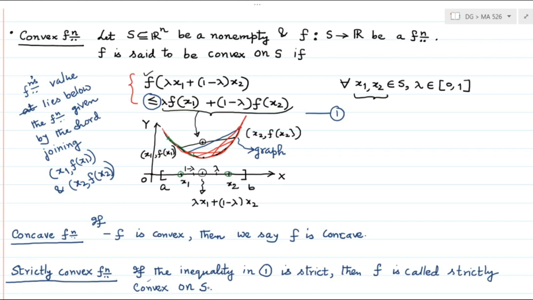There is also another important fact that we shall learn later: differentiable convex functions are closely related to positive semi-definiteness of the Hessian matrix. And for a strictly convex function, we shall see that the Hessian matrix at any point in the domain of definition must be positive definite. Once the Hessian matrix is positive definite, it must be invertible.